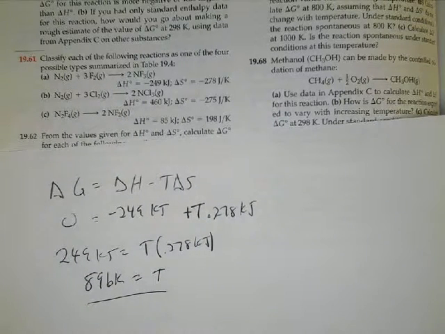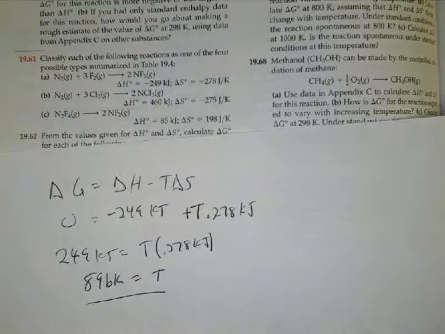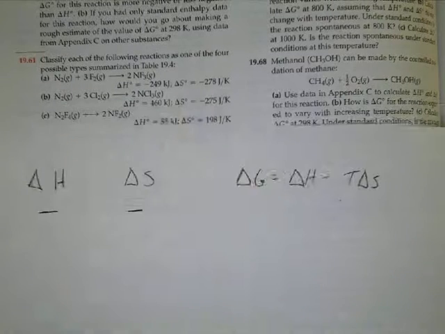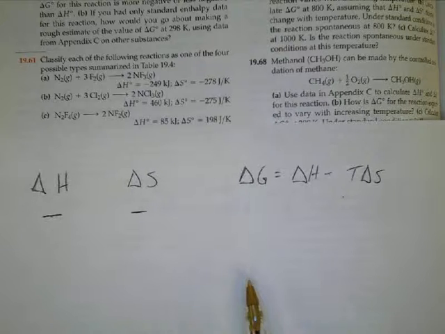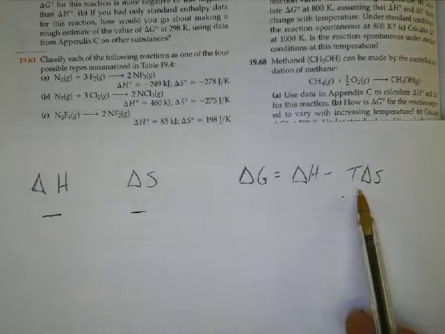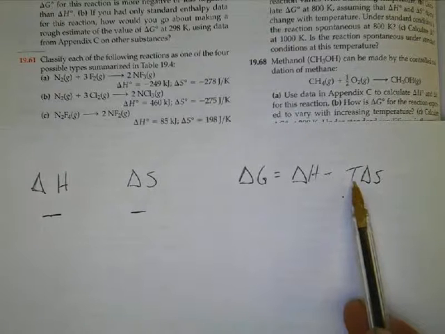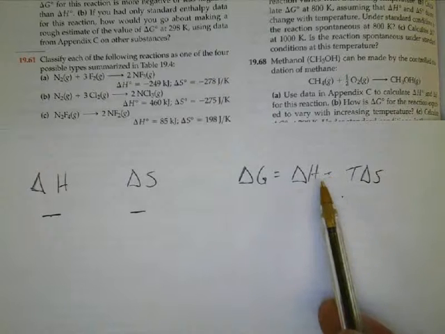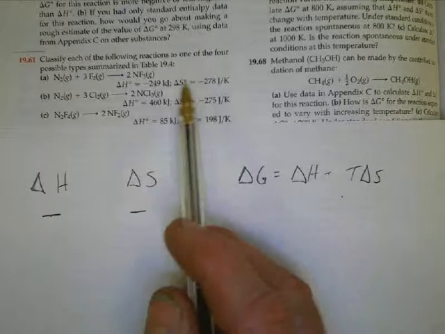So look at this for just a second. Here's the question we're asked to solve. Which kind of reaction will this be? So delta G equals delta H minus T delta S. When T is greater than 896, when T is very, very warm, this term becomes a large negative number that's more negative than this term.